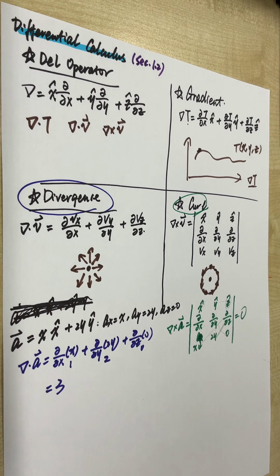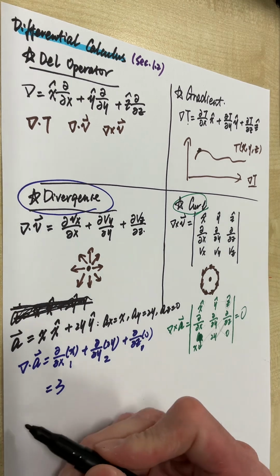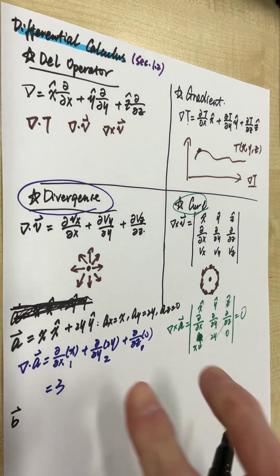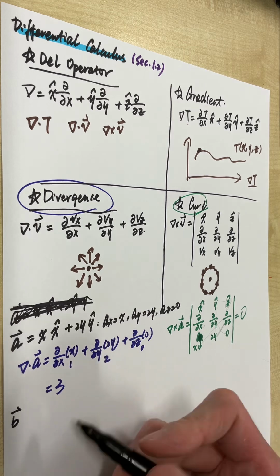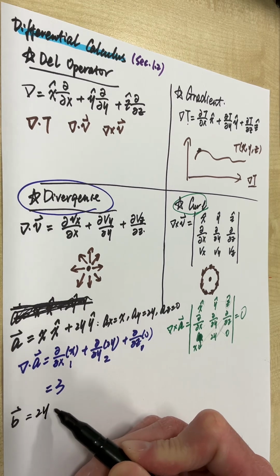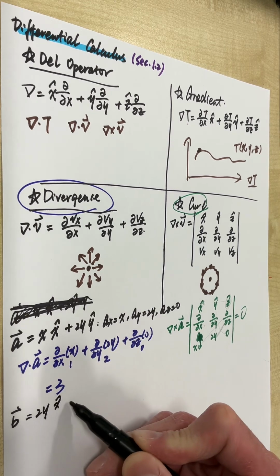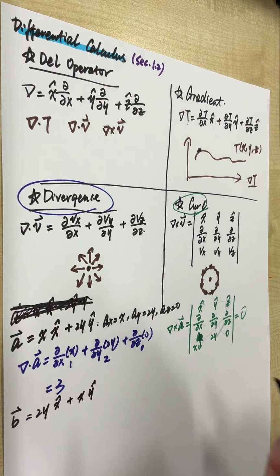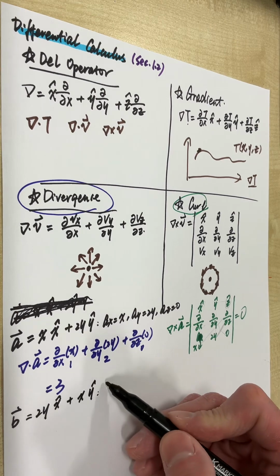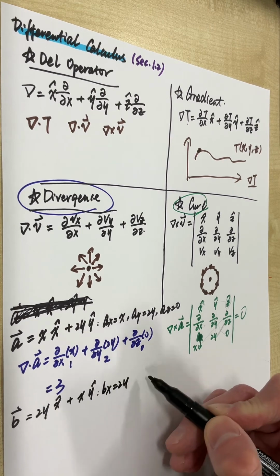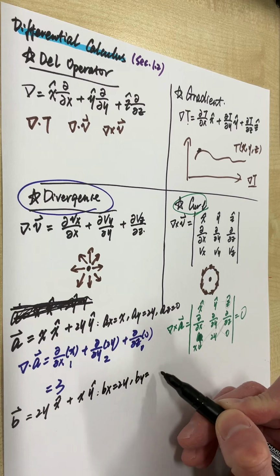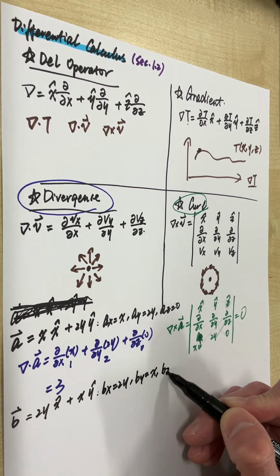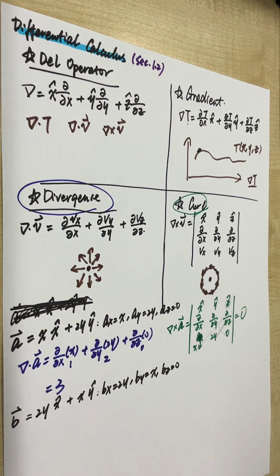Let's look at another example, which is a vector B, but we swap x and y. So we have 2y on x, and then x on y. So Bx equals 2y, By equals x, and Bz still equals 0. Now, what is the divergence?